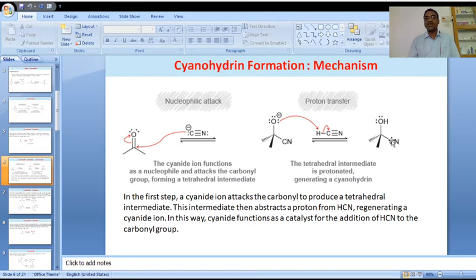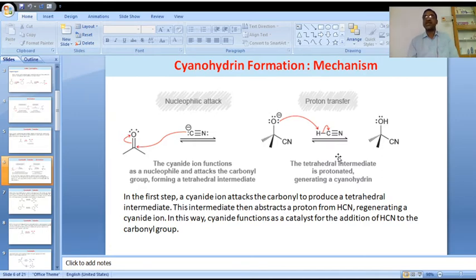This is a cyanohydrin, and the cyanide ion is also regenerated in this step. In this way, cyanide functions as a catalyst for the addition of HCN to the carbonyl group. This cyanide acted as a catalyst for the addition of HCN.